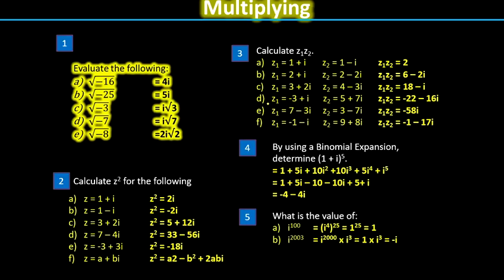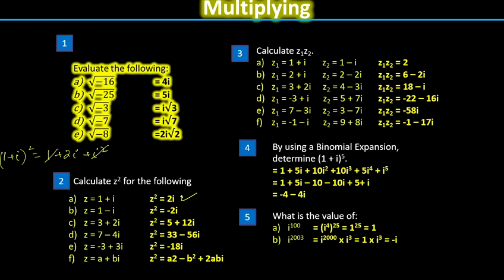And we have more examples here for multiplication. You see here, when I say z square, I have to square it. 1 plus iota, squared, just applying the binomial expansion technique: a square plus 2ab plus b square. Iota square is minus 1. Minus 1 plus 1 cancel out.